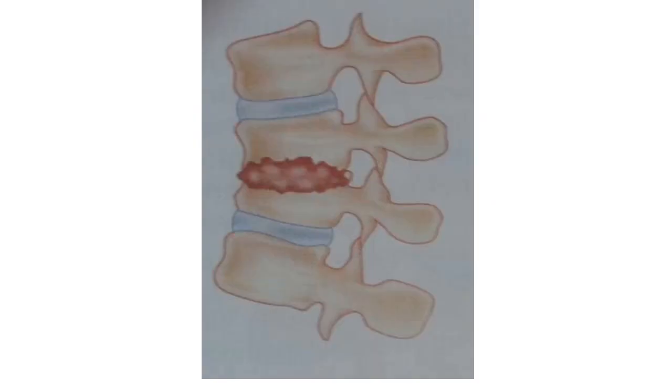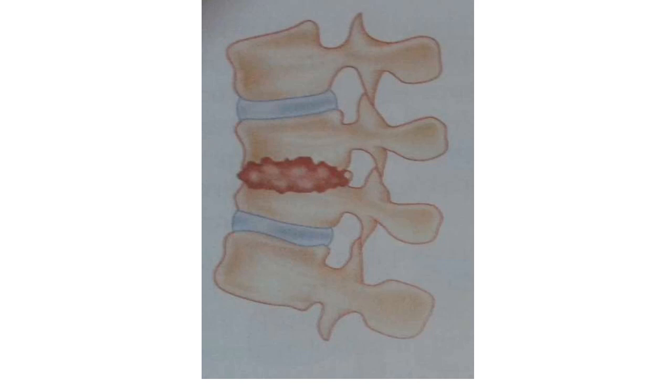So here you can see the most common area involved in the spine from tuberculosis is the intervertebral disc. Two adjacent vertebrae are involved from their intervertebral disc.